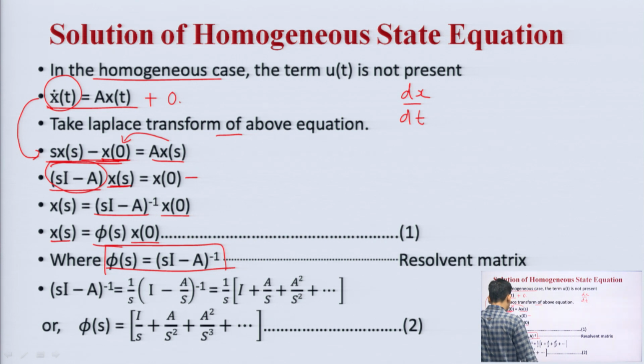If I expand (sI minus A) inverse, it gives me 1 over s times (I minus A over s) inverse, and this would be the expansion of this series. Then phi(s) would be given by this expression, because A is your matrix, so my first element is the identity matrix instead of 1.